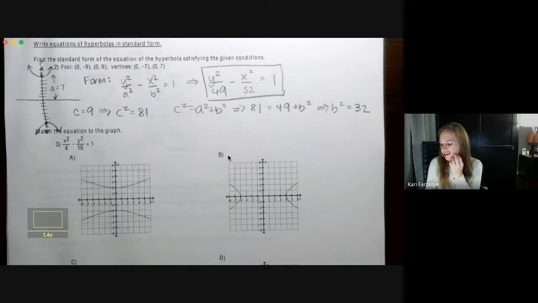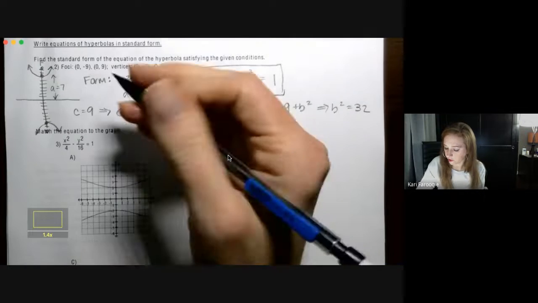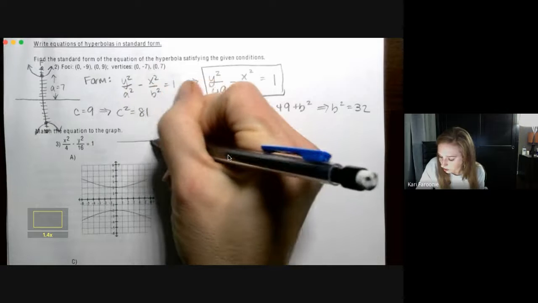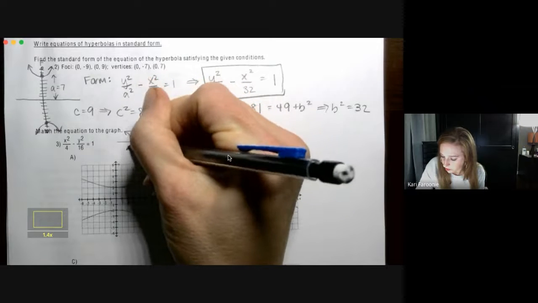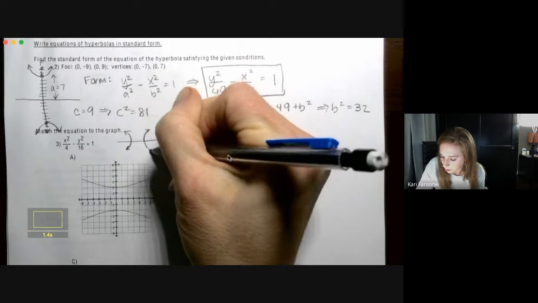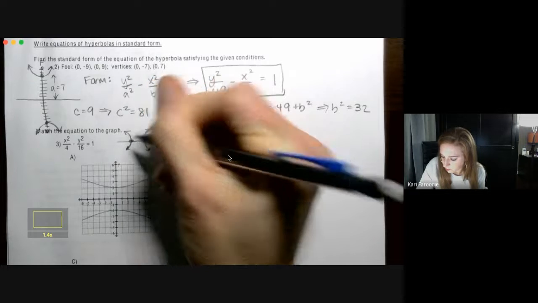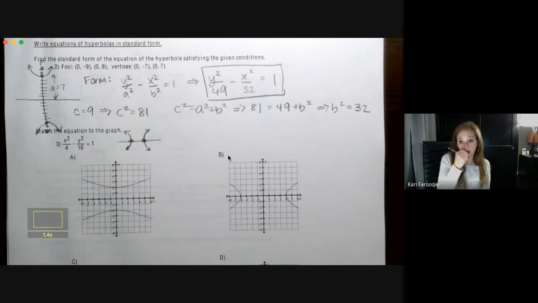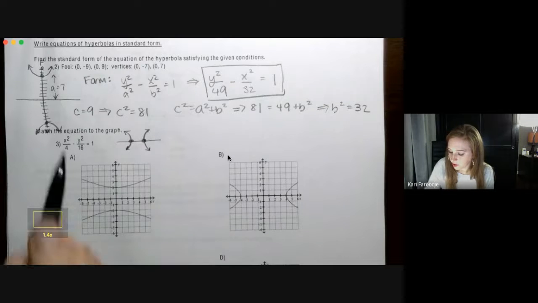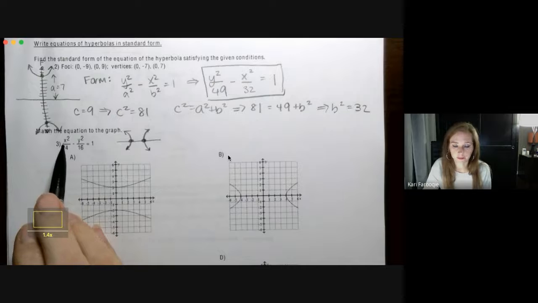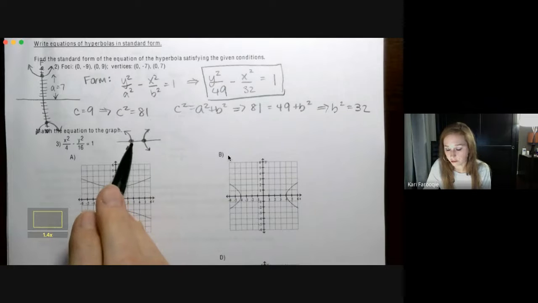Okay, so this particular equation follows the form for a horizontal transverse axis. And if you have a horizontal transverse axis, your vertex points have to go through it. So you must be opening left and right. Okay, so we know that because we have x squared as the first term that follows this type of graph.